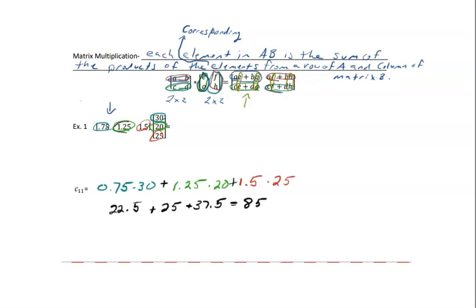We knew that already because this is what we did on the last problem. Now, the answer then is 85 as a 1-by-1 matrix. In the matrix, there's one element. That element is 85.